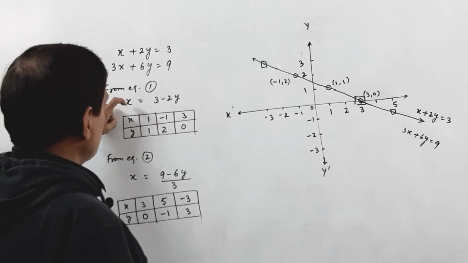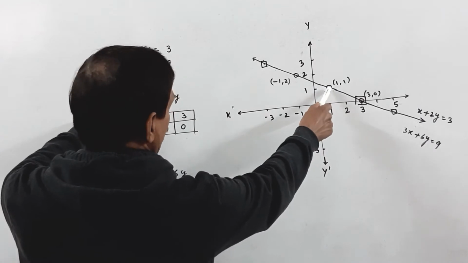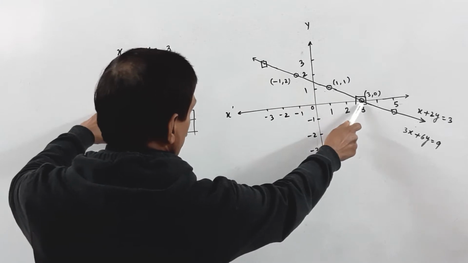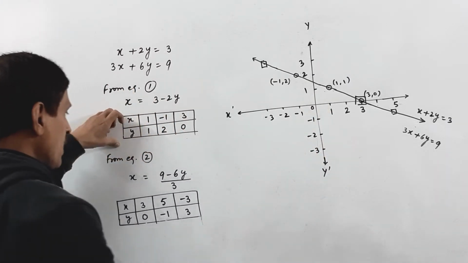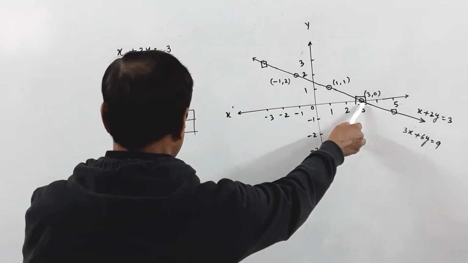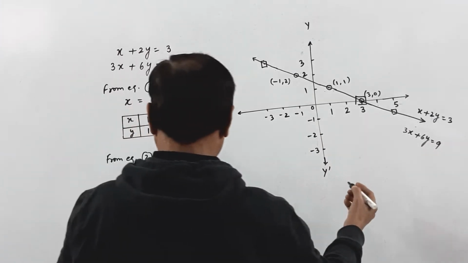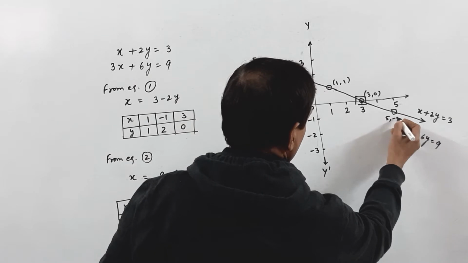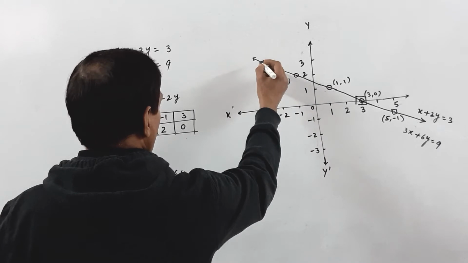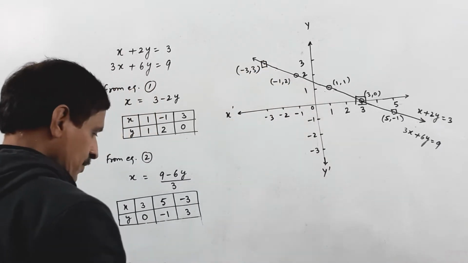Equation 1, x plus 2y is equal to 3. Its points are x is 1, y is 1; x is minus 1, y is equal to 2; x is equal to 3, y is equal to 0. From equation 2, its points are x is 3, y is 0; x is 5, y is equal to minus 1; and x is minus 3 and y is equal to 3.